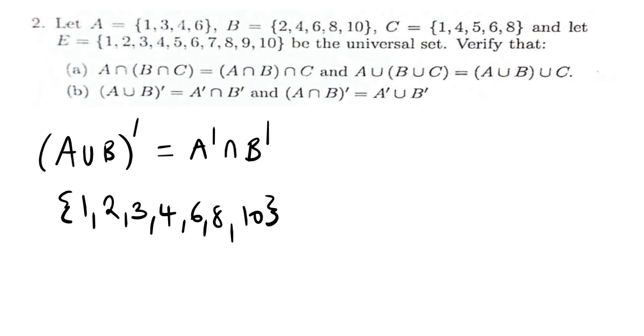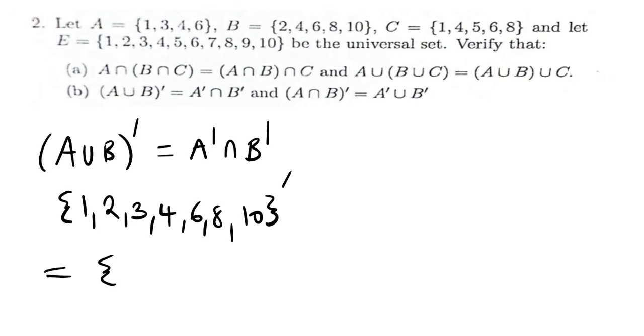So then I'm supposed to find the complement of that. The complement of this set means we want everything that is not in this set. So if I compare it with the universal set, what are those elements that are not going to be found in this A union B?